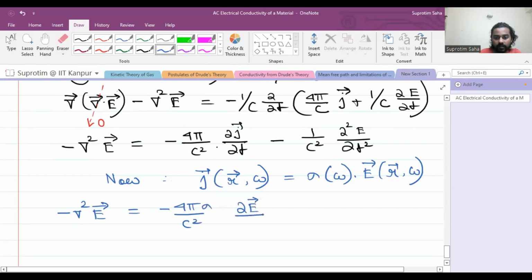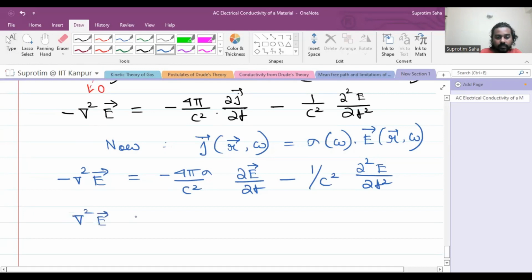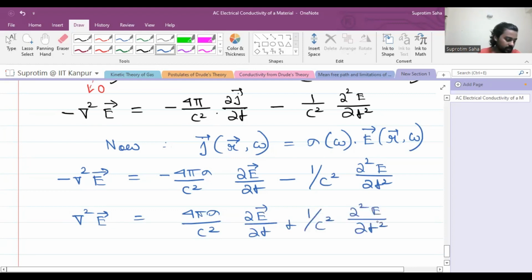Now, Laplacian of E equals 4 pi sigma over C squared del E by del t plus 1 by C squared del 2E by del t2.